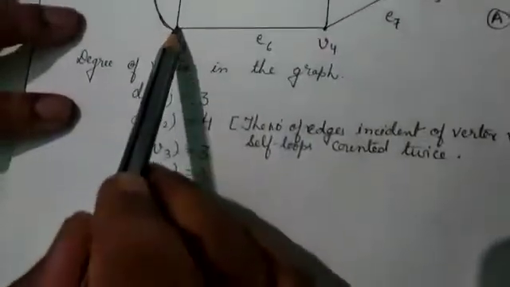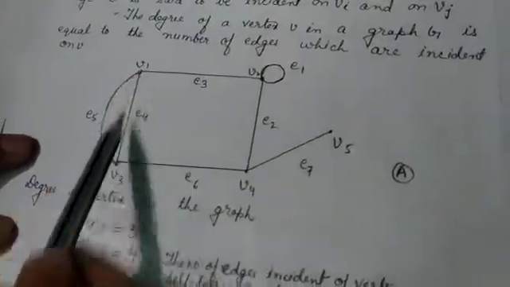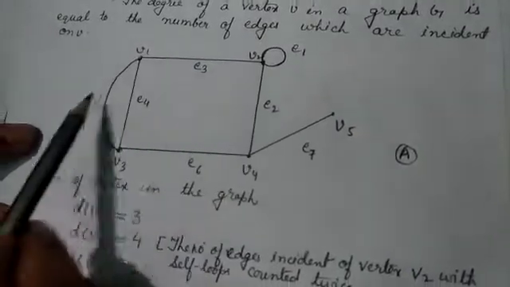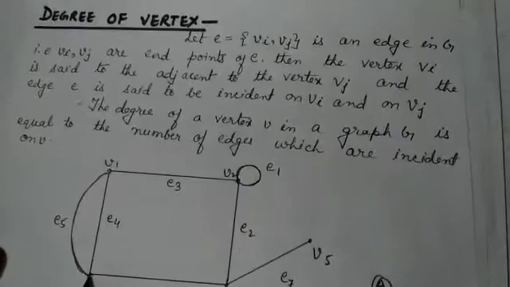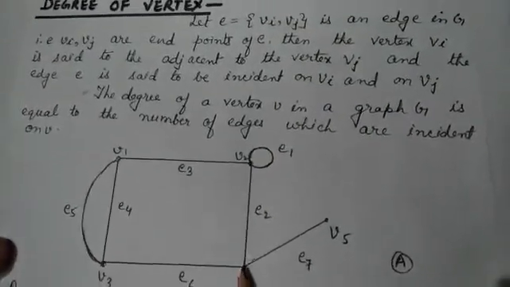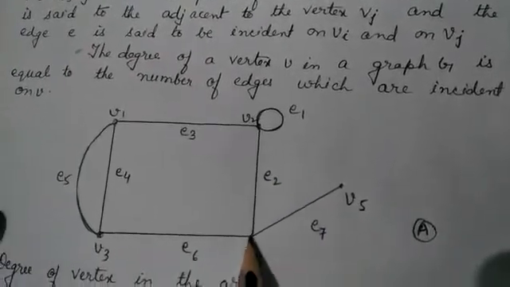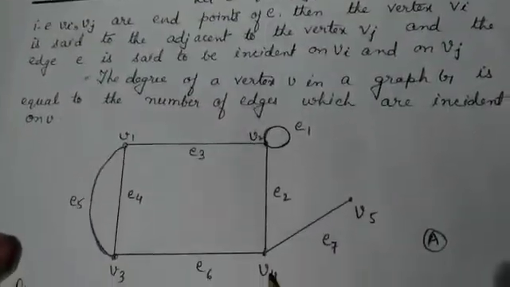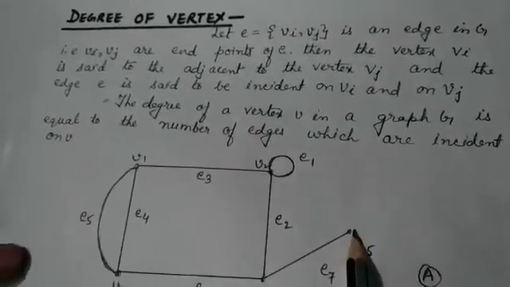Now for vertex V3, the edges E5, E4 and E6 are incident on V3. So the degree of vertex V3 is 3. For V4, again 3: E2, E7 and E6 are incident on it. So the degree of vertex V4 is 3. The degree of vertex V5 is just 1.